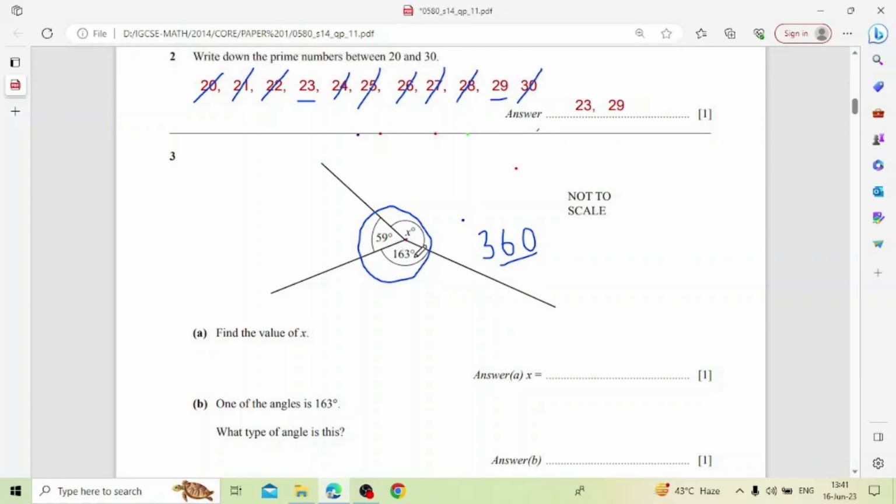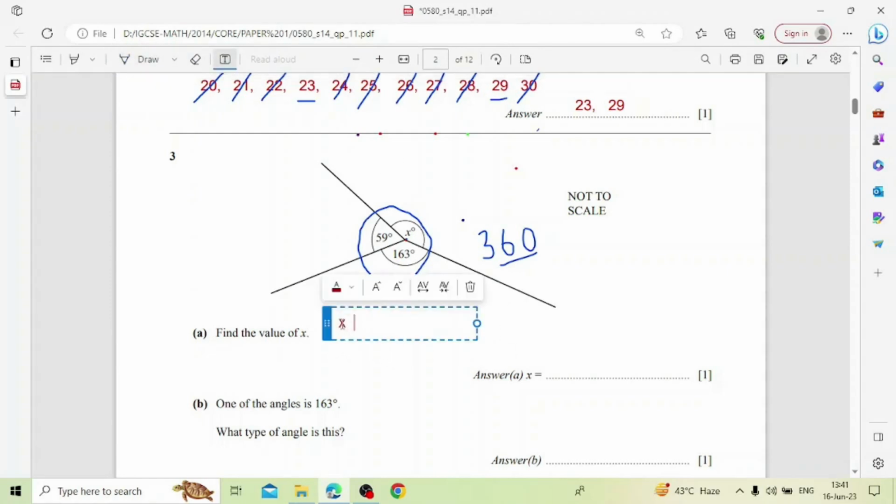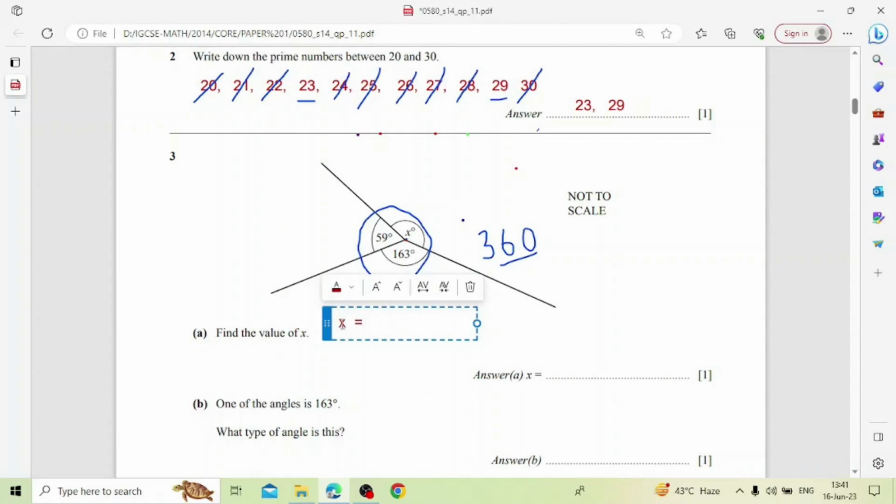Now one angle is 163 and another angle is 59. So what we are supposed to do is take x equal to 360 minus the addition of these 2 angles, right? So 360 minus, now 163 plus 59.